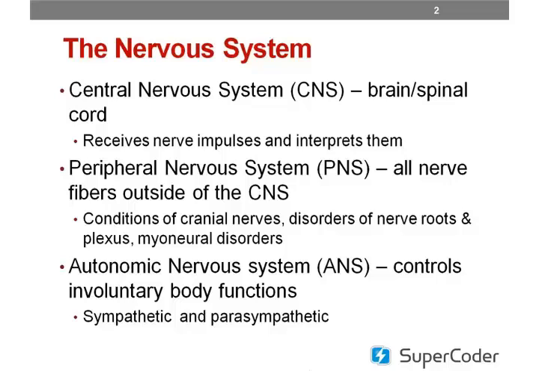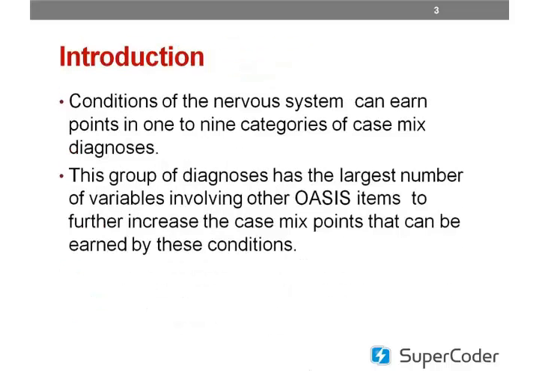So conditions of the nervous system can earn points in one of actually 9 categories of case mix diagnoses, because sometimes the way CMS has listed those diagnoses, they put them in different categories of case mix diagnosis. Even though we have 4 that are neurological, they may also cover other categories.